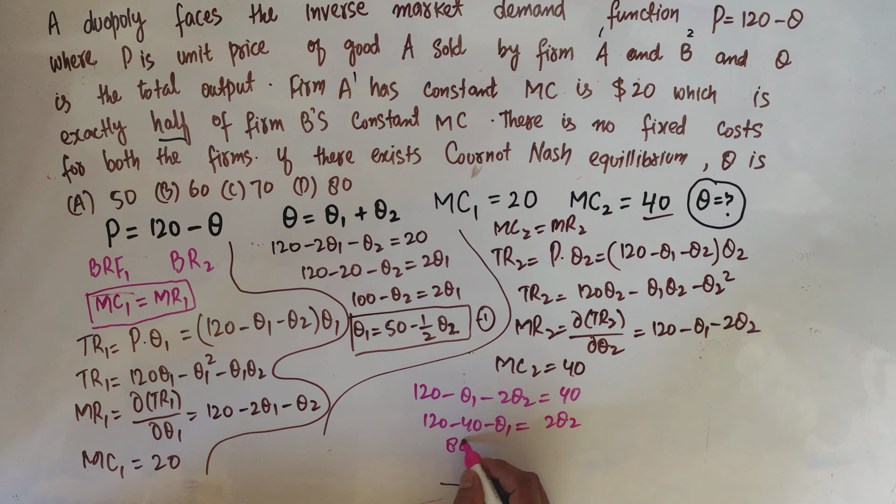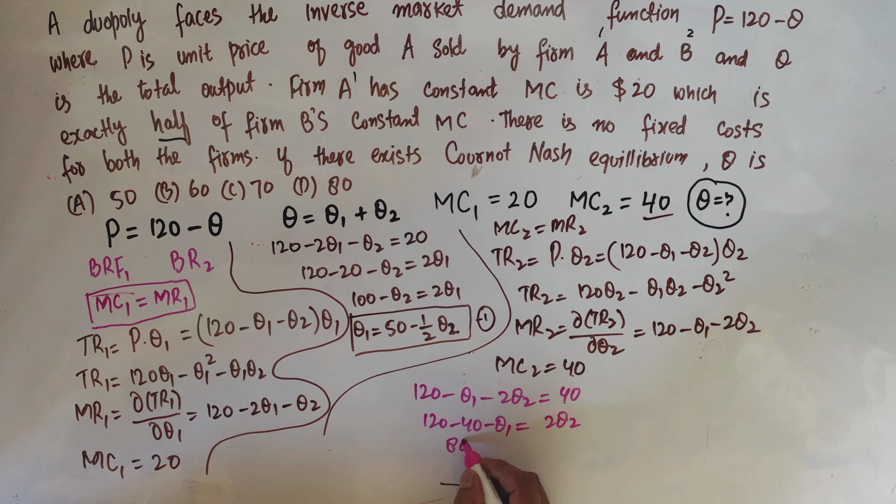To find the output of firm 1, simply plug Q2 into this equation. To find the value of Q1, we plug the value of Q2 which we got here. So we get 50 minus 1 upon 2 of 30. So Q1 will be equal to 50 minus 15, which comes out to be 35.